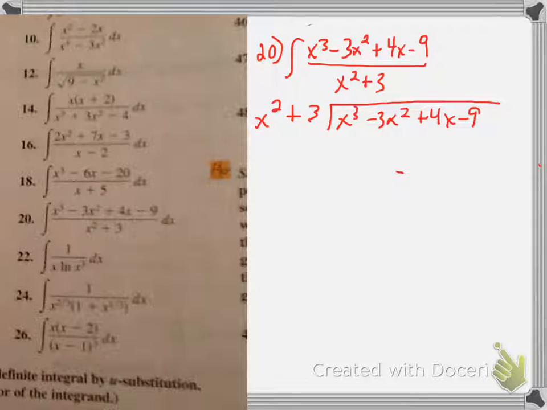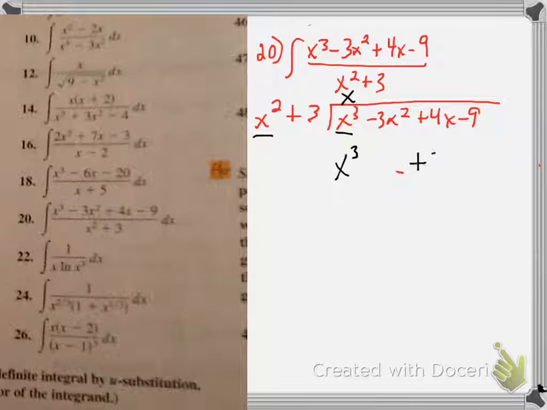Here's another one where the numerator is greater than the denominator, so it's set up for long division. Change the form. x squared goes into x cubed x times, so x cubed plus 3x.